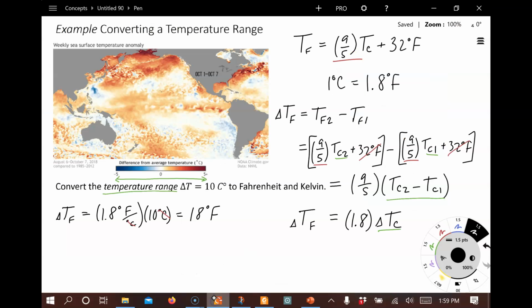And that makes it really easy to convert a temperature range from Celsius to Kelvin or vice versa. So the conversion factor here is that 1 Kelvin is the same as a degree of Celsius. And actually we don't put the degree symbol for Kelvin for some reason. So this is going to simply be 1 times delta T Celsius. And of course, if it's 10 degrees Celsius, it's also going to be 10 Kelvin, the same number of degrees.